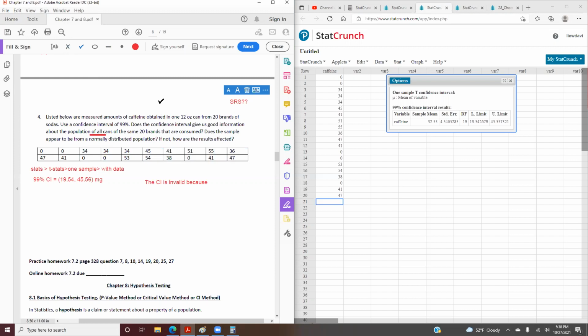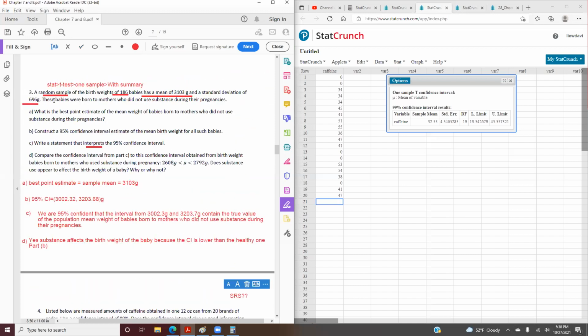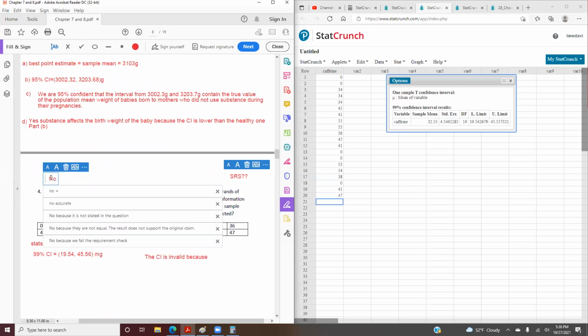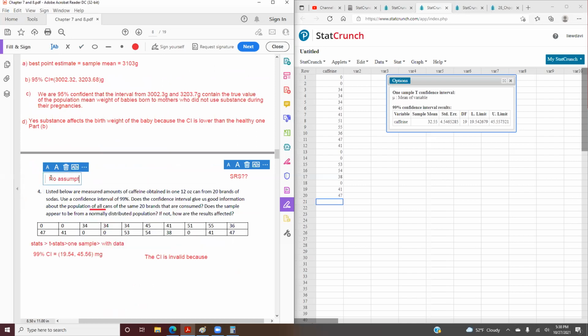So it can be, but this is something I want to point out to you guys: if the question did not mention random selection or random sample, you cannot assume it. Do not assume this is an SRS if it is not stated in the question.